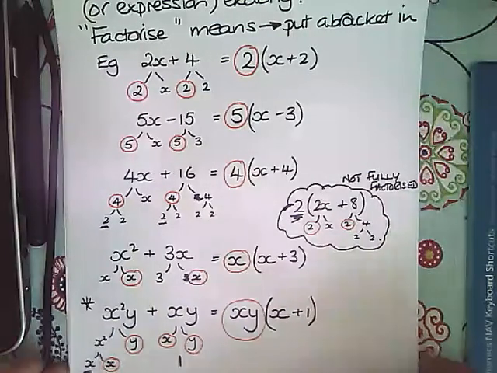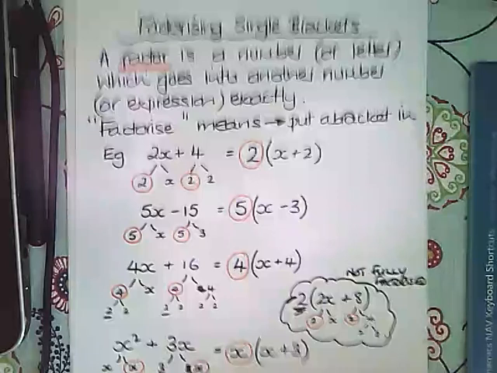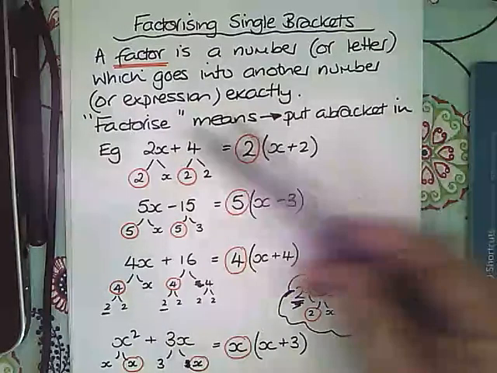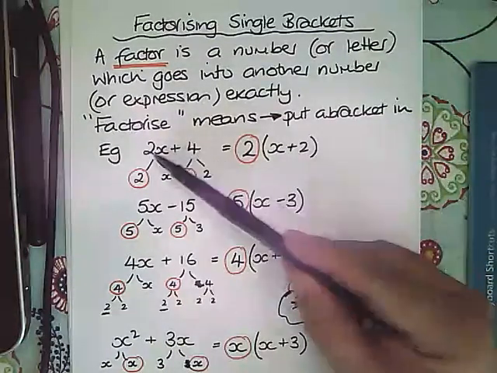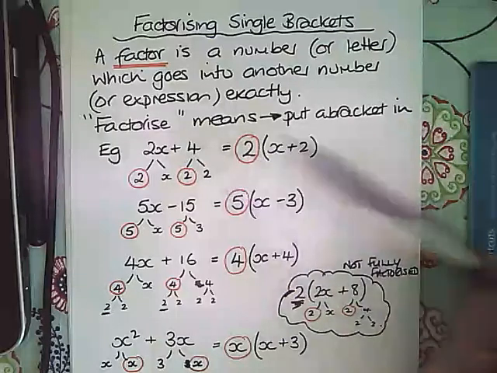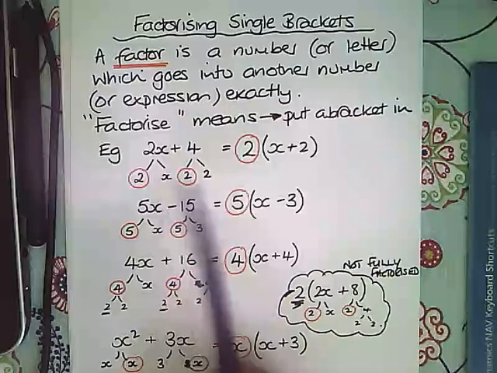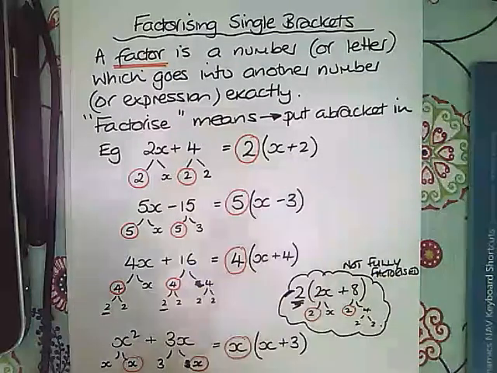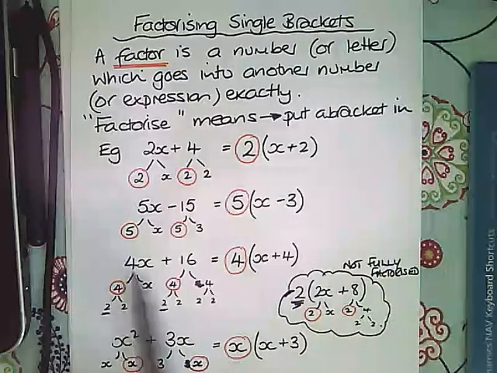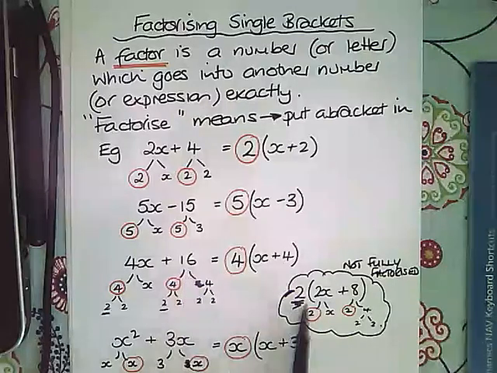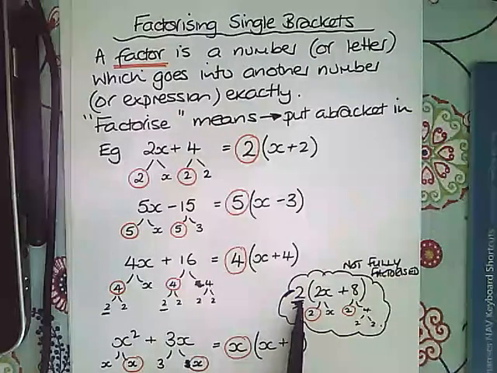So just to recap then, we're trying to get the largest number that is common to both of these terms outside of the bracket, and then what is remaining from our factor tree goes inside the bracket. Sometimes when the numbers get bigger, you can take a factor outside, but it's not the largest factor.